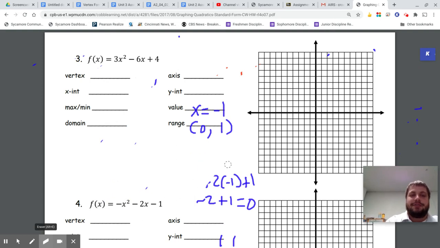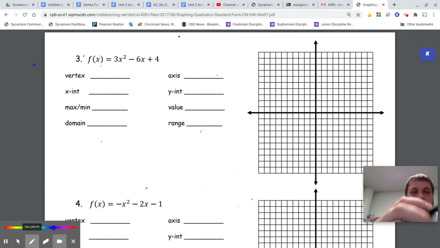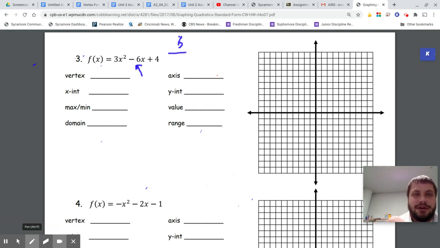Okay, so as you can see here with our next one, I'm going to talk while I'm finishing erasing here. We're still in standard form, ax squared plus bx plus c. My a value is 3 this time, so it is going to be a little taller and skinnier of a problem. So my vertex again is at the opposite of b over 2a. Here's b. It's negative 6. The opposite of that is positive 6 over 2 times a, which is 3.